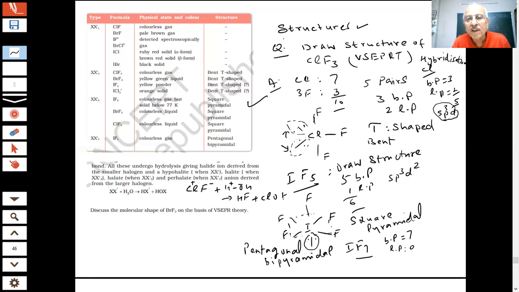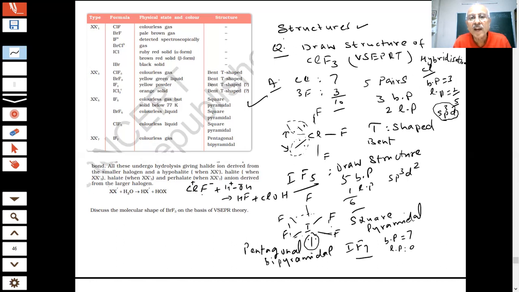What will you get? ClOH. So this is how things go in hydrolysis, an anion and a cation. So then we can see the hydrolysis products.